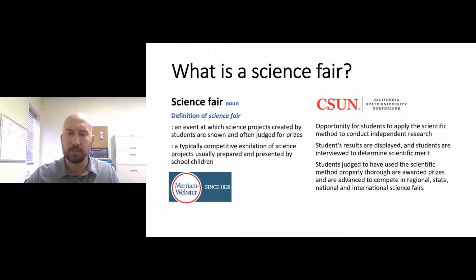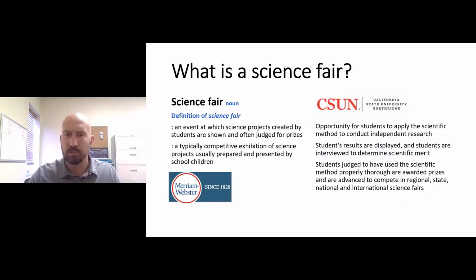Within these definitions of traditional science fair, I want to point out important components because I'll stress that these are traditional, whereas there may be opportunities and interest for you to consider non-traditional approaches to offering science events for your students.